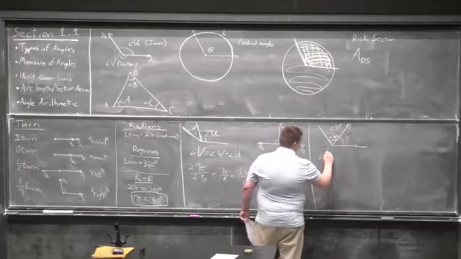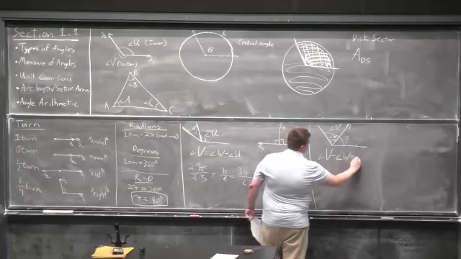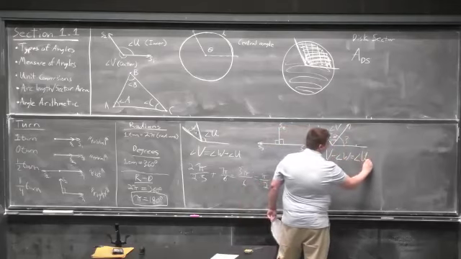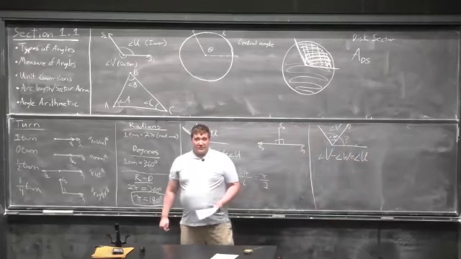Well, we have angle V minus angle W is equal to angle U.